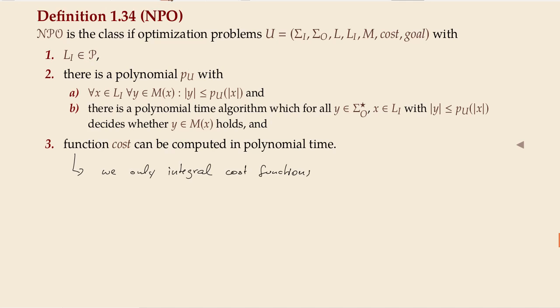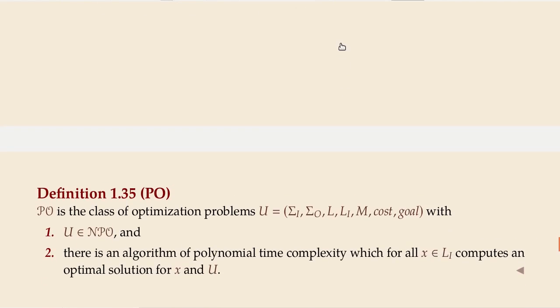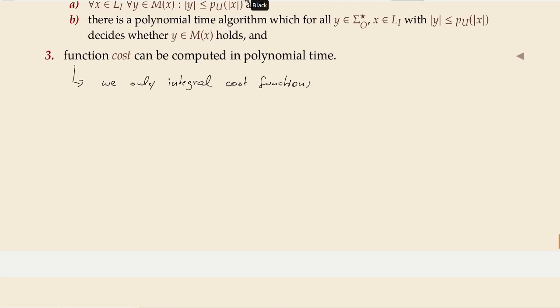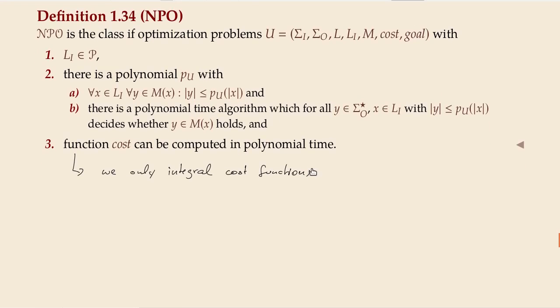Okay. Now this was the class NPO. We might argue that our nice problem maxsat is actually an NPO. What we have to show is the 3 points, of course. Now we should be able to recognize encodings of formulas, that's the same as before. So if we buy that, we did that before for sat, we can also do it for maxsat.